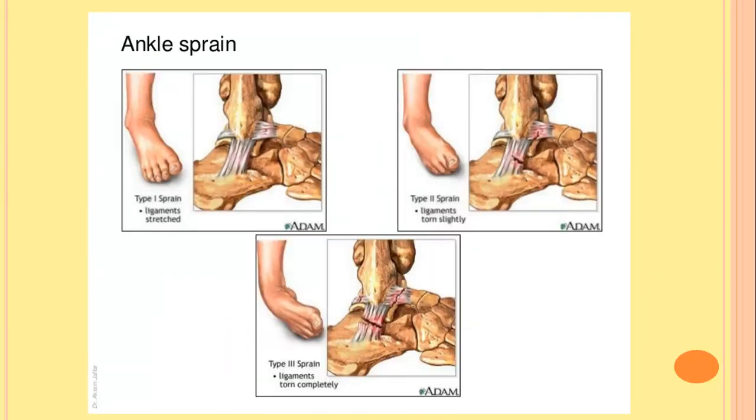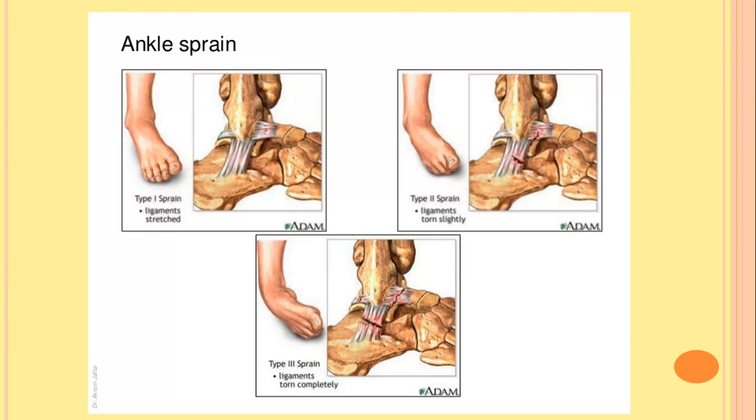So we have completed the joints. Further joints are between the cuboid and navicular and the cuneiforms, then between the bases of the metatarsals and the cuboid and navicular bones, and then there are the proximal metatarsophalangeal joints and the distal interphalangeal joints, which are very much similar to the joints in the upper limb.